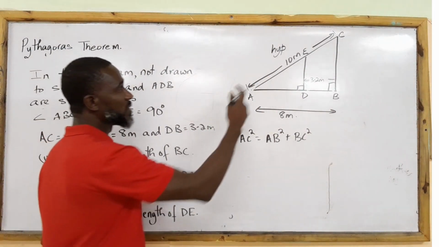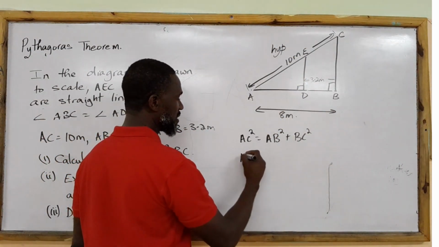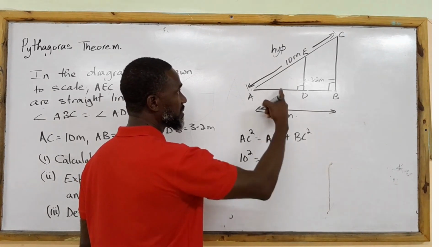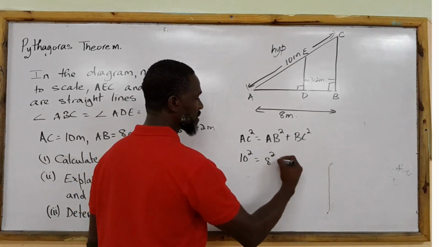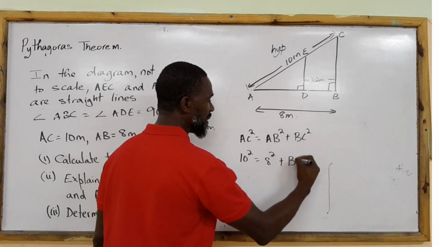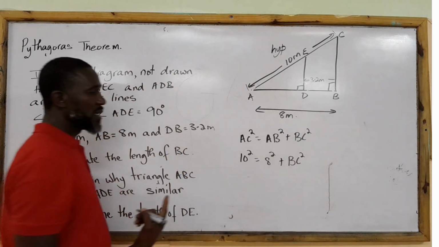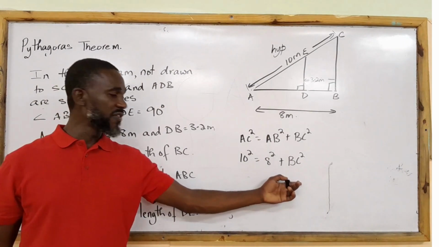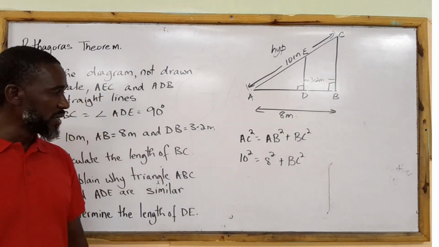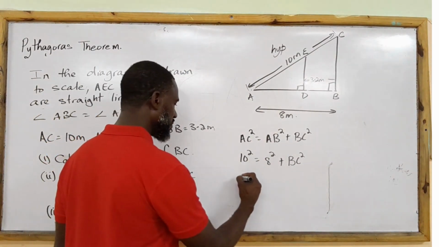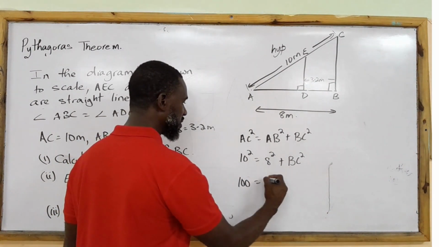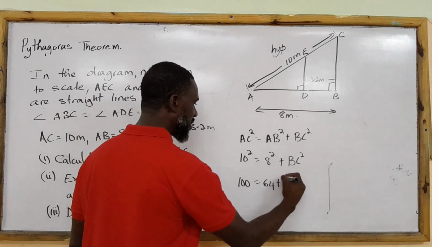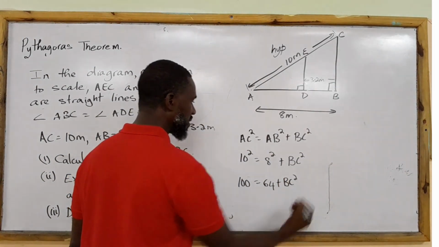So AC is equal to 10, so we have 10 squared is equal to AB squared, which is 8 squared, plus BC squared. So you need to now make BC the subject of the formula, right? So 10 squared gives us 100, is equal to 8 squared, which is 64, plus BC squared.